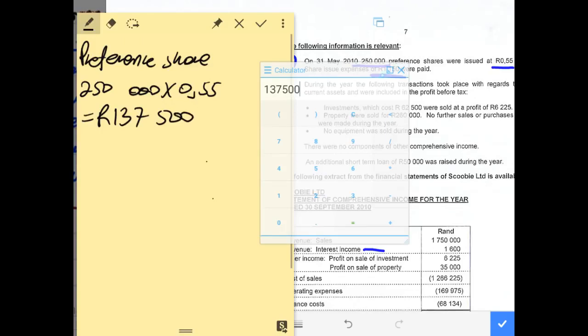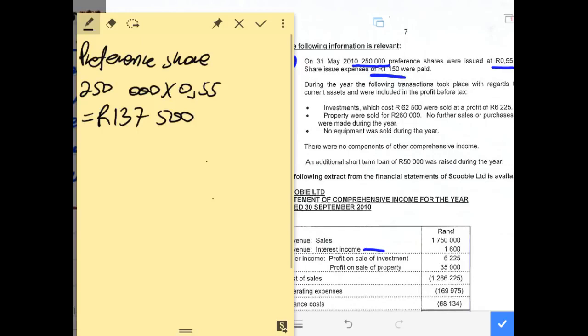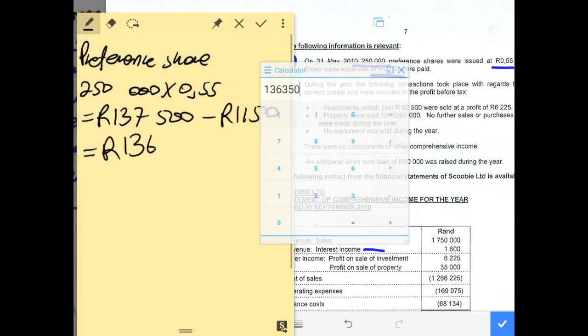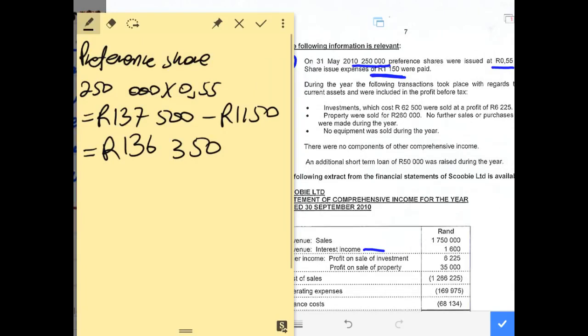Remember, there was a share issue cost. We cannot ignore it. Share issue cost will be reducing the proceeds from the issue of shares by 1,150. Therefore the proceeds from the issue of preference shares will be 136,350.